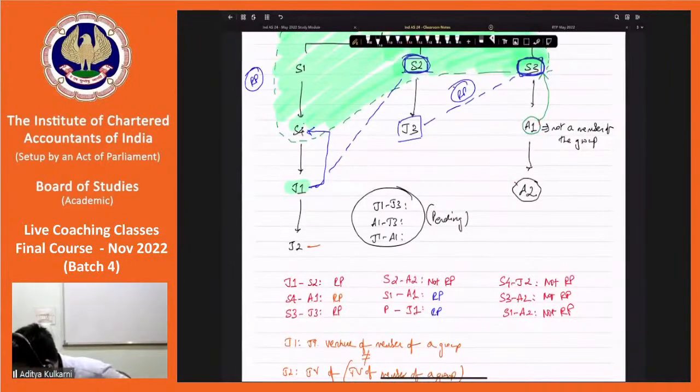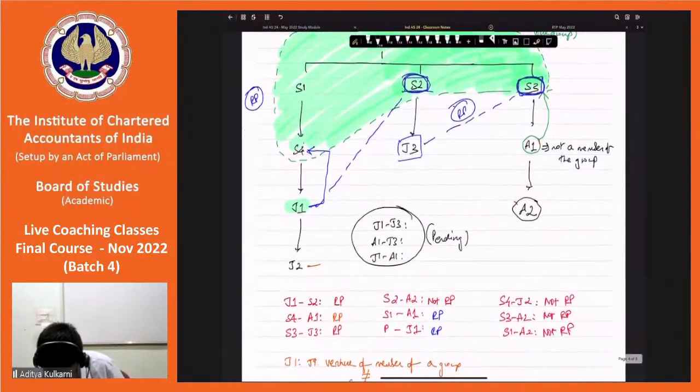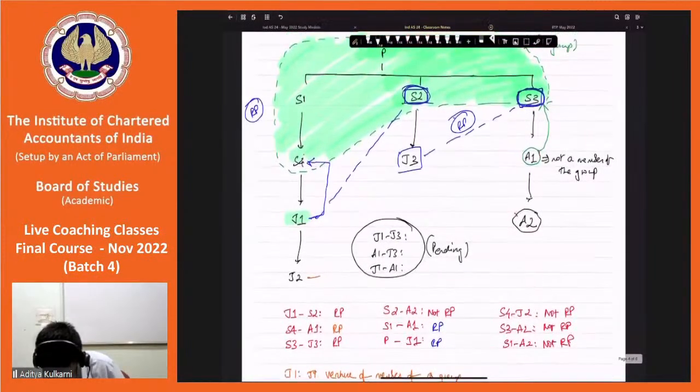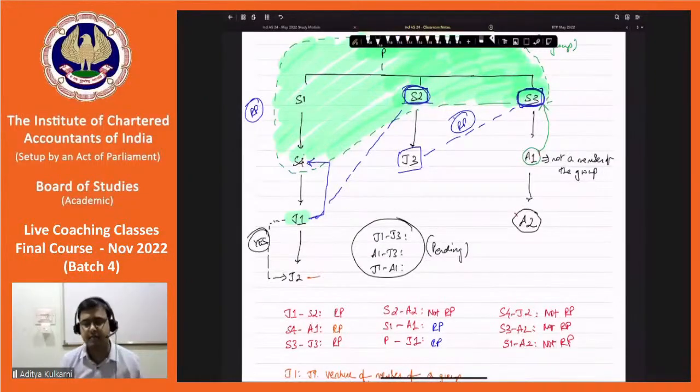One second. And S1, S2. 6B note. Example of J1, J2. Where have I discussed J1, J2? I have not discussed J1, J2 anywhere. But J1 will be related to J2, because ultimately there is a joint control of J1 over J2.